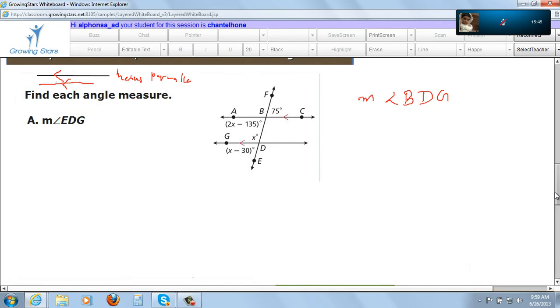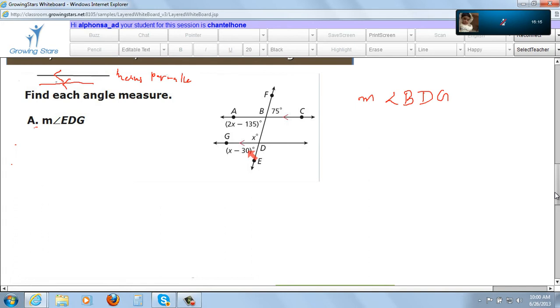So we are supposed to find EDG. So wouldn't it be x minus 30 equals 2x minus 135? Yeah. Just specify the reason also. You just write down the equation here, and here you mention the theorem. According to which theorem or postulate? What kind of angles are they?